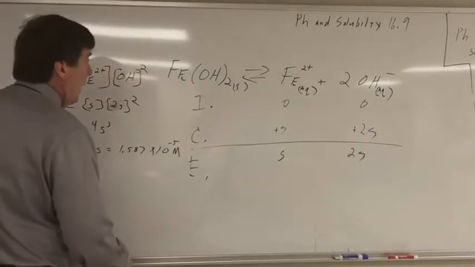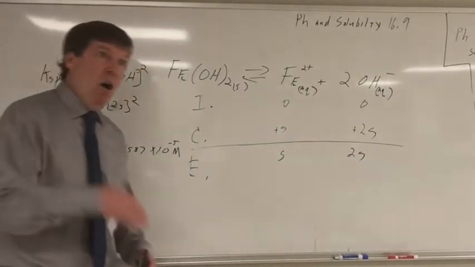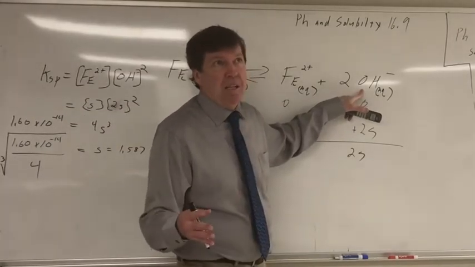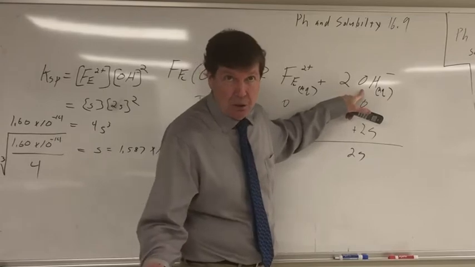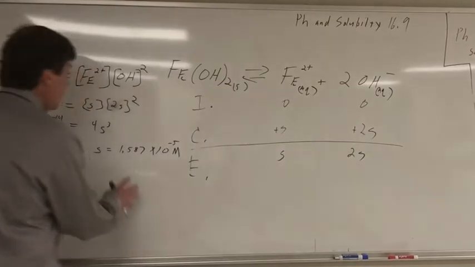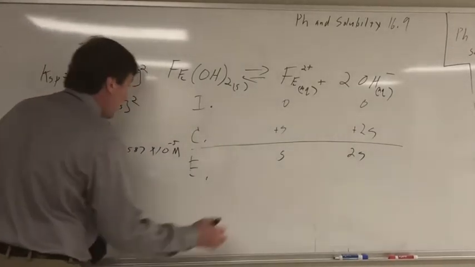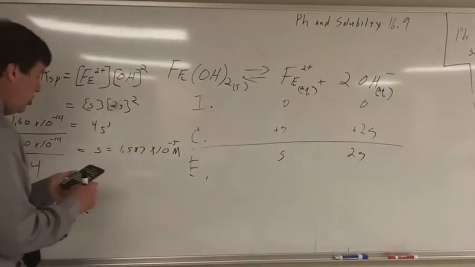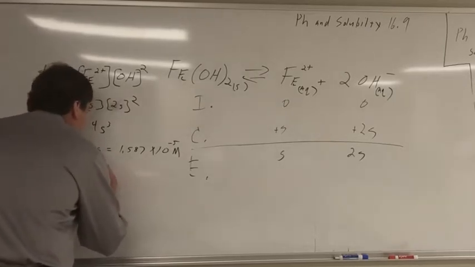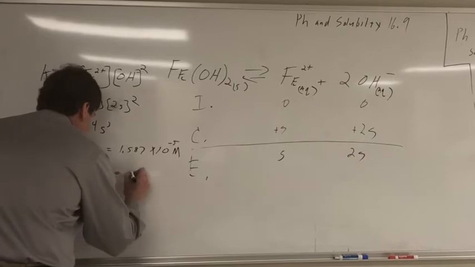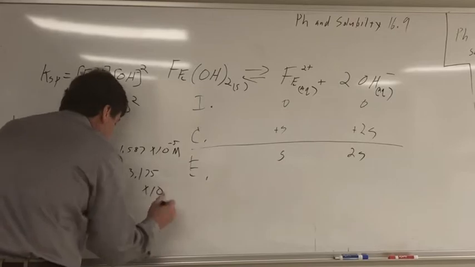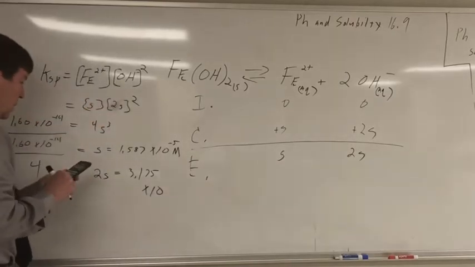Well, anyway, I want to figure out the pOH first. So let's figure out the hydroxide ion concentration. And then we'll figure out the pOH and then the pH. So here's my S quantity. We're going to take this times 2. And we're going to have this 2S equals 3.175 times 10 to the negative 5th.